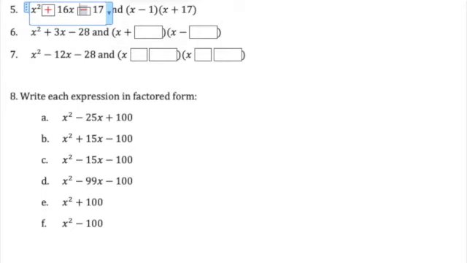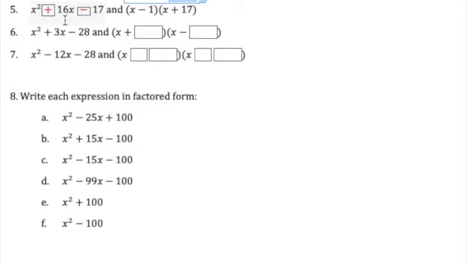Okay, so changing one positive, one negative leaves that second term always negative, but it depends on which term is larger. If my larger term is positive, then my middle term ends up being positive. And if my larger term is negative, then my linear term ends up having a negative coefficient.